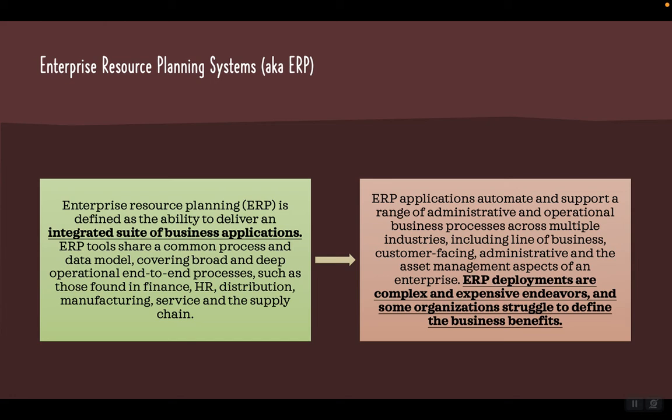There was a thought that it was like a traditional computer system for a department, but this is really much more about business process and business structure restructuring. So it was complex and expensive, and one of the early challenges was trying to identify what the benefits were in moving in this direction.